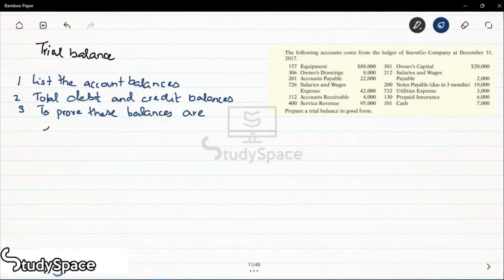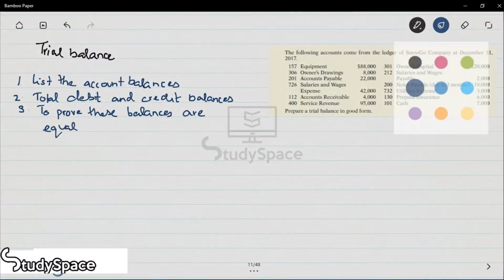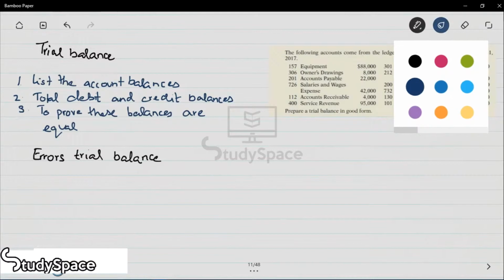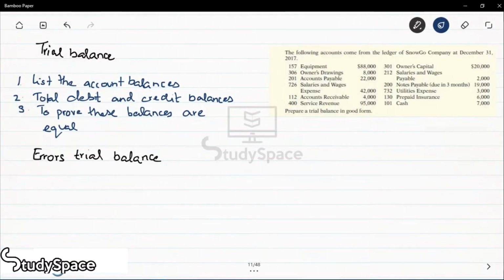Now, before we move on, we will be looking at a few errors that affect our trial balance. These errors can result in our trial balance being unequal or showing incorrect debit and credit balances. These particular errors may not directly affect the trial balance, but at the end, they show us an incorrect balance for our debit and our credit statement.